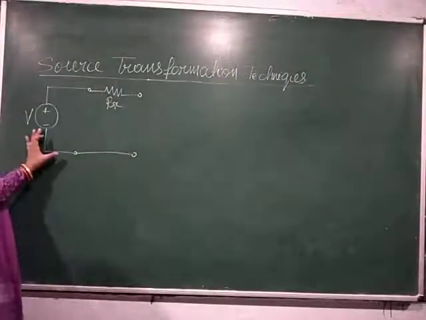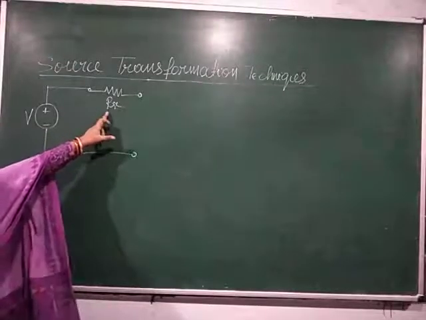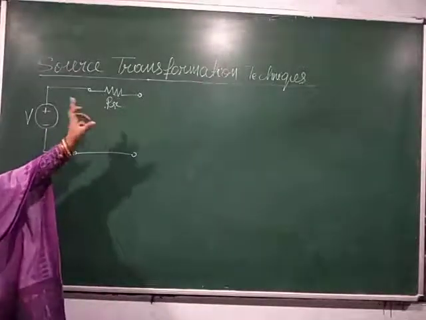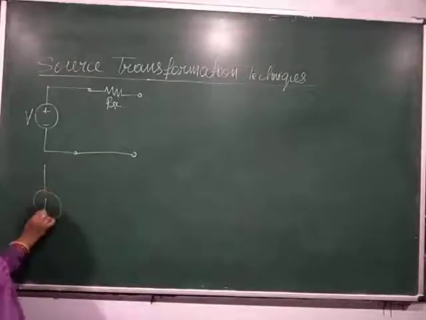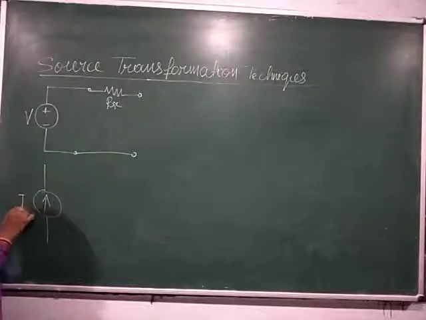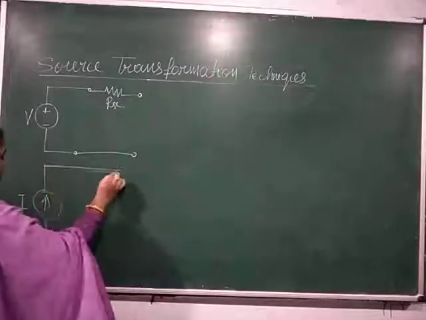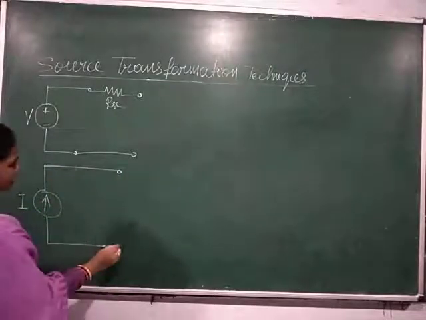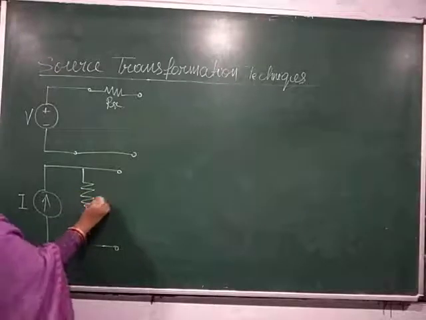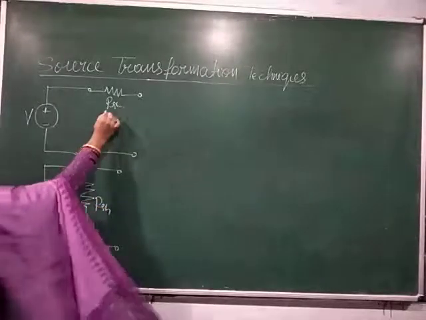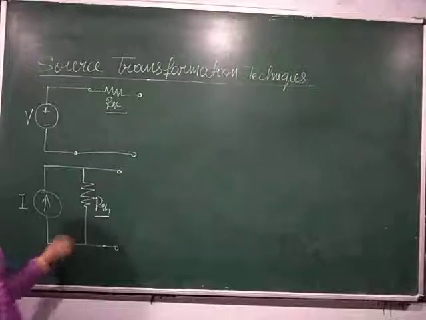Always the ideal voltage source is connected in series with the internal resistance in the circuit, and the ideal current source having the magnitude I is always connected with its internal resistance in parallel. This is the series resistance, this is the shunt resistance.